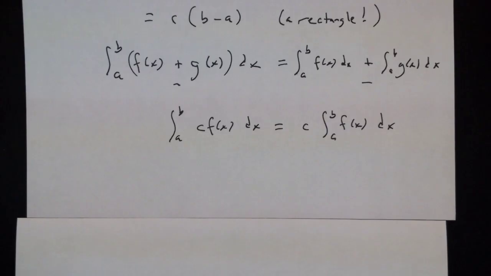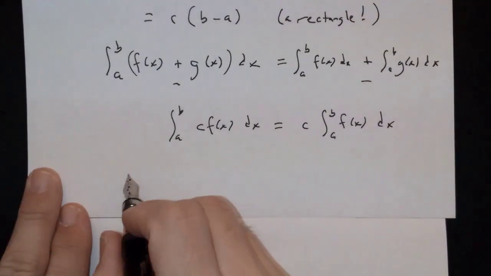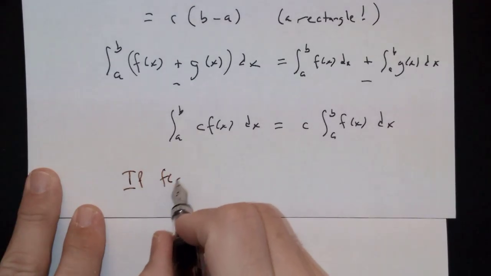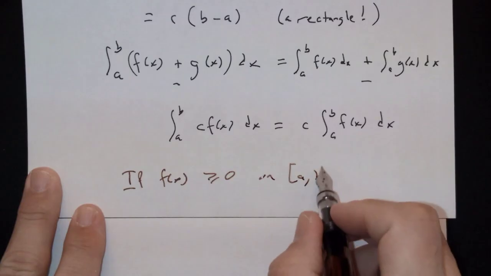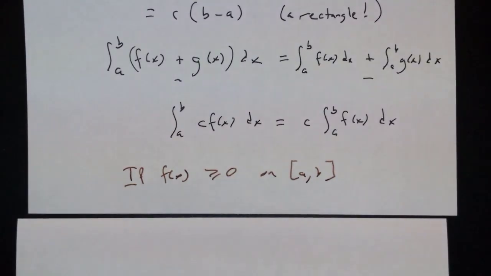I can think of functions as area, right? So if I know that my function is always positive, then what do I know about the integral from a to b of that function?